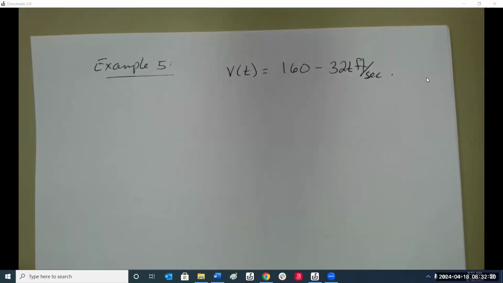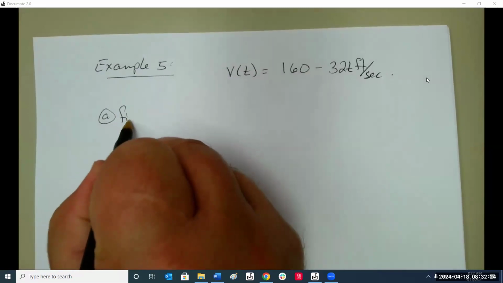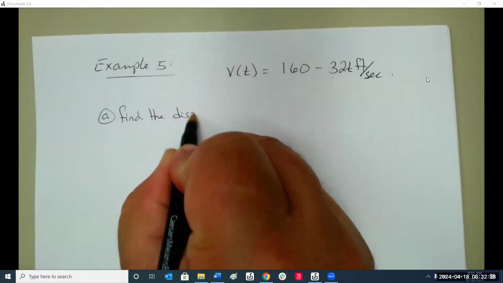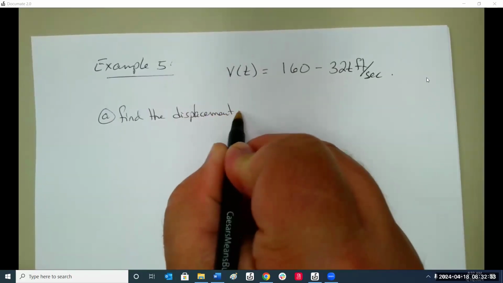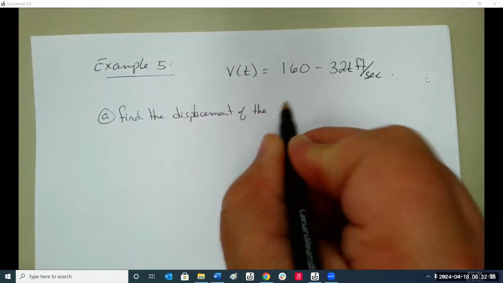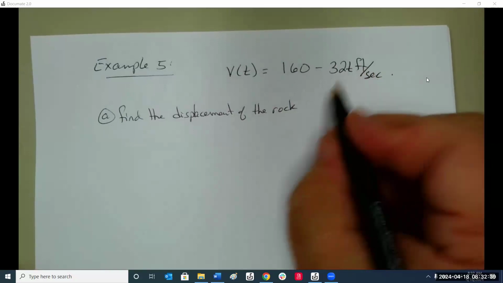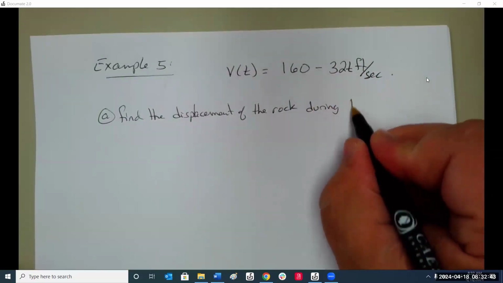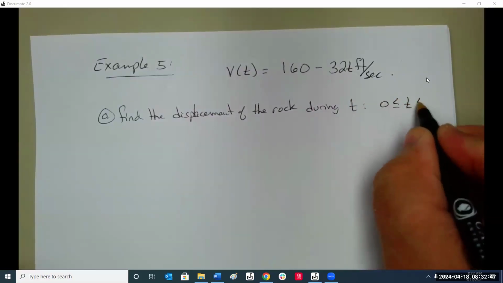A: find the displacement of the rock during the time interval 0 to 8.